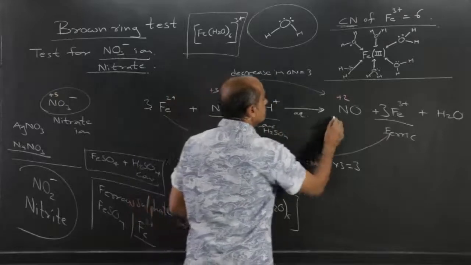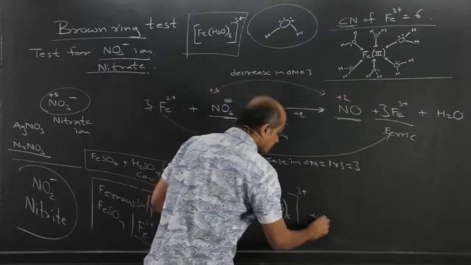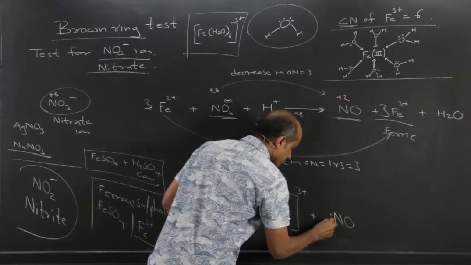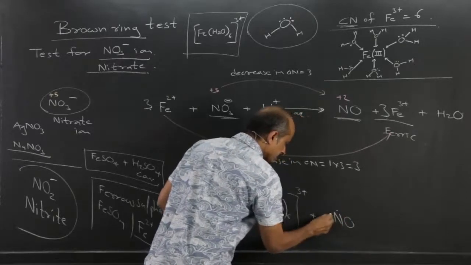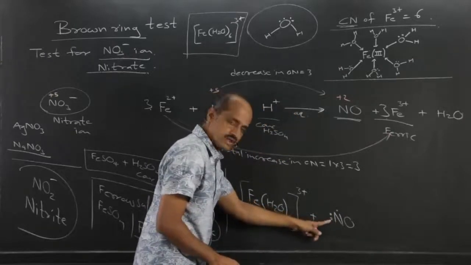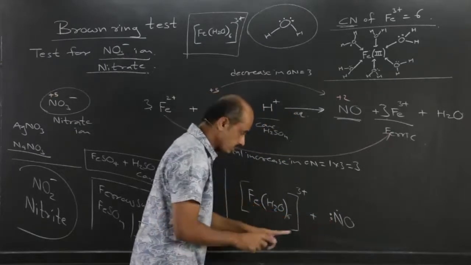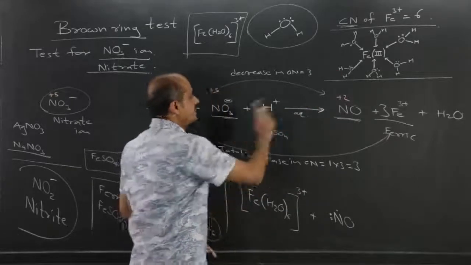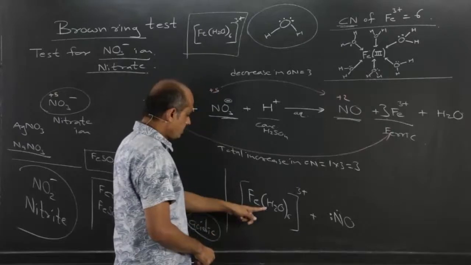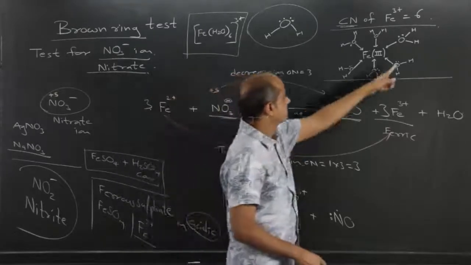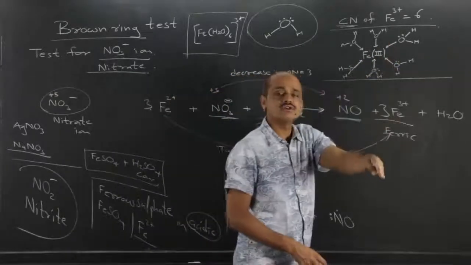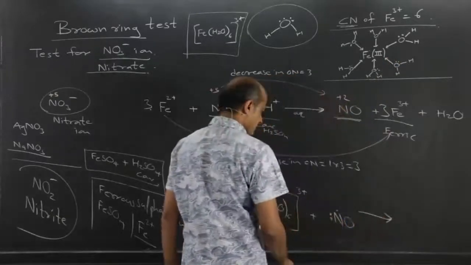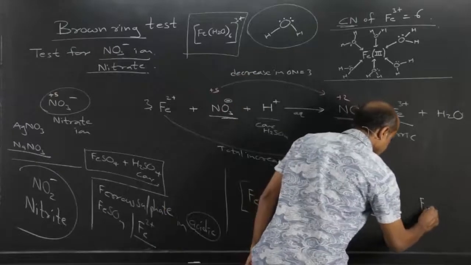And NO, which is formed, nitric oxide, has a lone pair, and also a single electron is present. This lone pair on the nitrogen of NO also has a tendency to form such coordinate covalent bonds. The moment NO is formed, out of 6 water molecules, 1 water molecule is replaced by NO. Let me write it here.